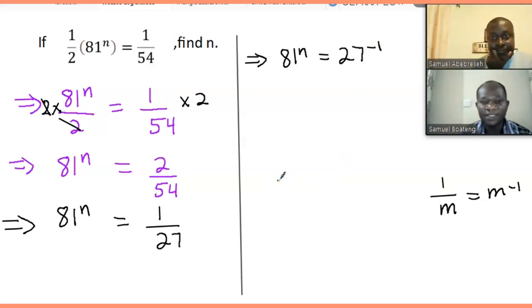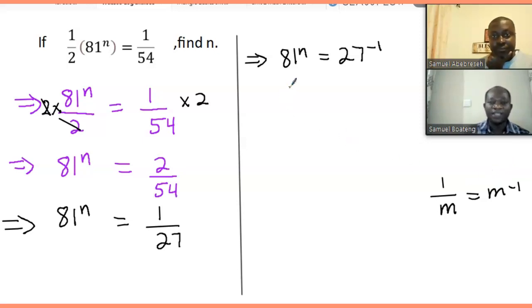With this, you have to express both the left and the right-hand side in a common base. Looking at the numbers 81 and 27, you realize that you can express both sides in terms of 3.